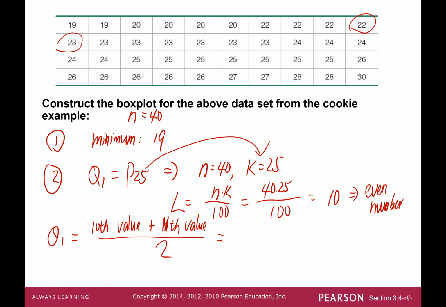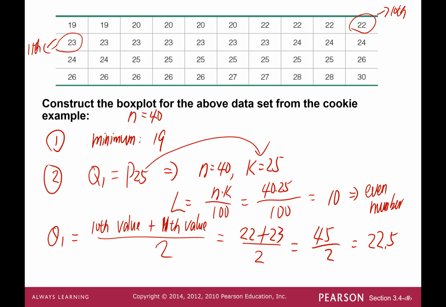Yes, 23 is the 11th. So you just average those two numbers: 22 plus 23 divided by 2. That turned out to be 45 over 2, so it's 22.5. So quartile 1 equals 22.5.